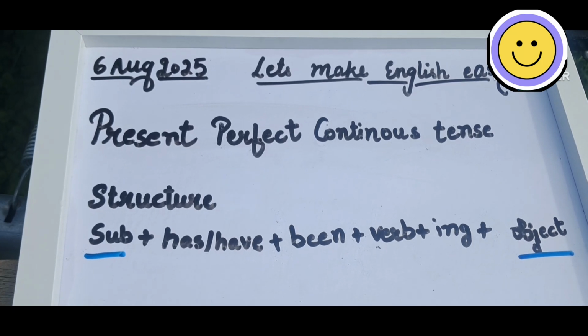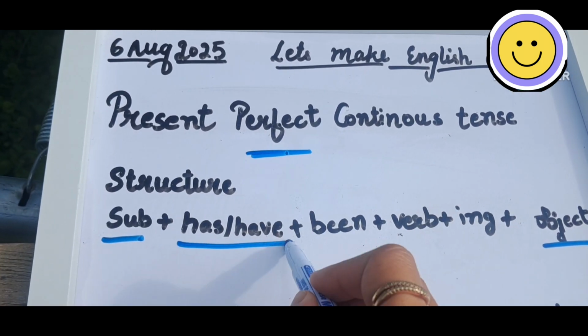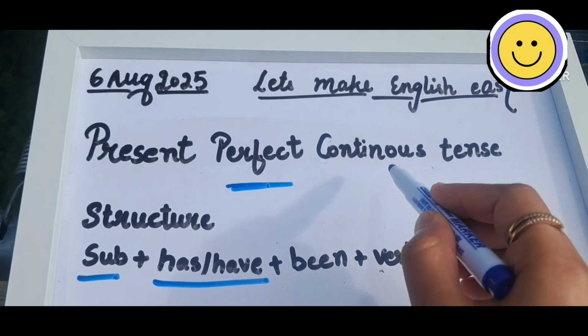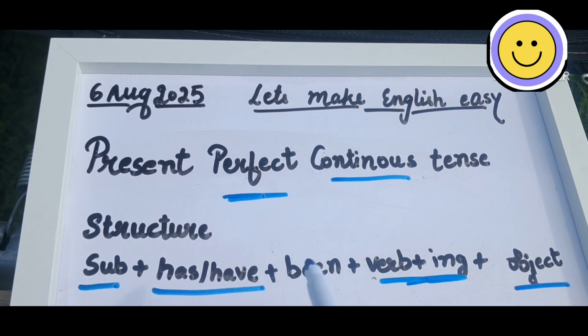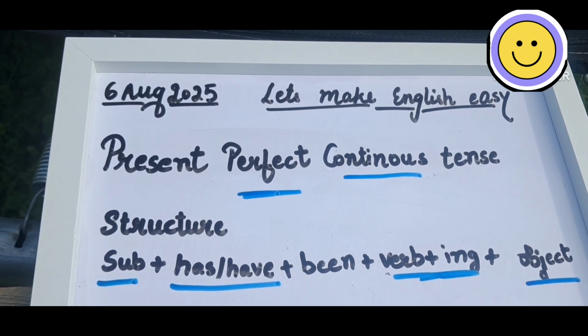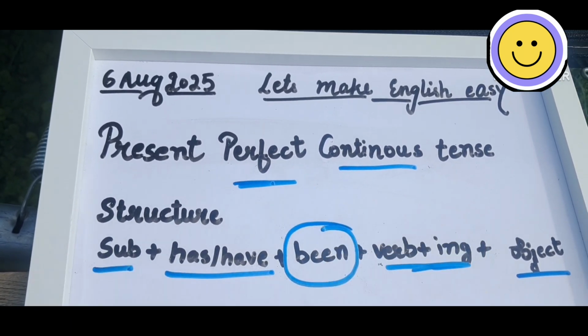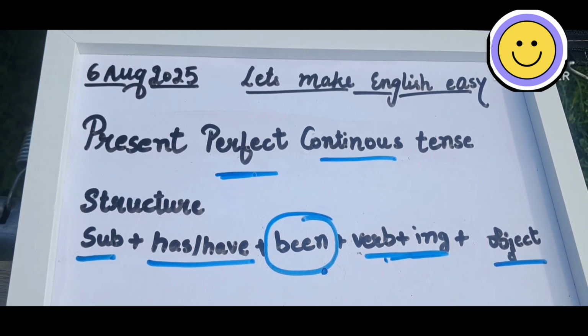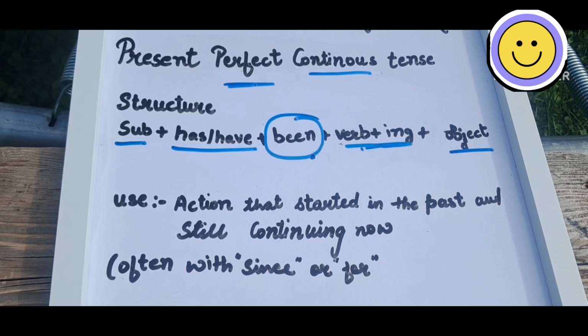Just because it's the perfect tense, we will use has/have. And just because it's the continuous, we will use ing with the verb. The only thing that you have to keep in mind is we will add been just before the verb plus ing.